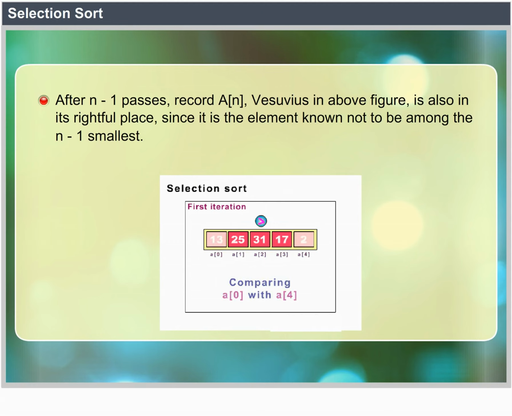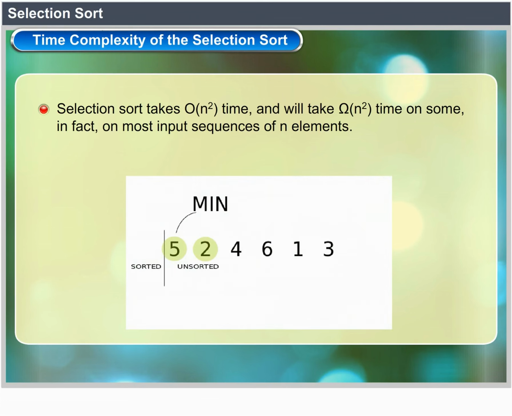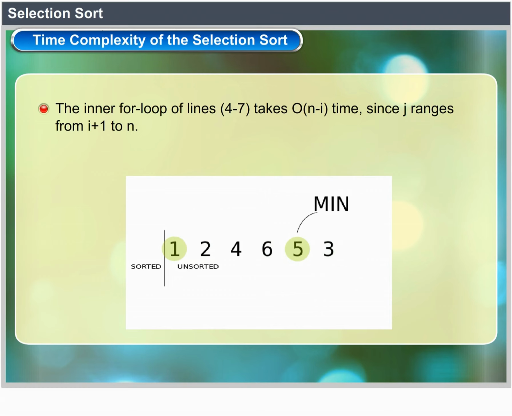Time complexity of the selection sort. Selection sort takes big O of n square time and will take big omega of n square time on some, in fact on most, input sequences of n elements. The inner for loop of lines 4 to 7 takes big O of n minus I time, since j ranges from I plus 1 to n.